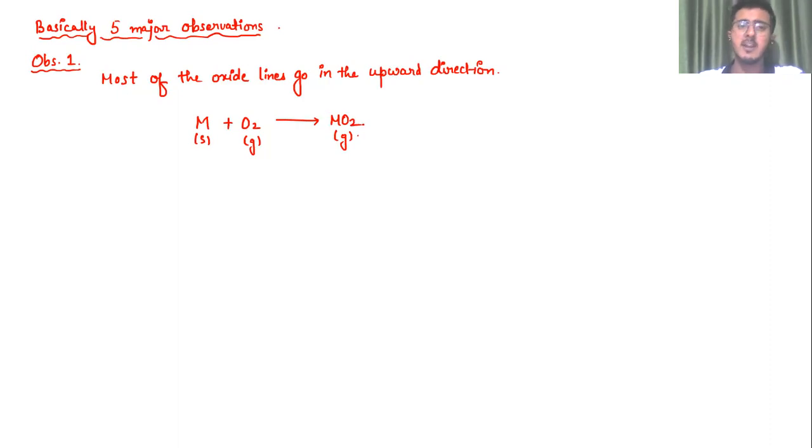And depending upon whether it is a positive slope or a negative slope, the oxide line that we are drawing inside the Ellingham diagram will go either in the upward direction or in the downward direction. So first of all, we need to calculate the slope of this reaction, and in order to understand the slope, we need to calculate the change in the entropy of this reaction.